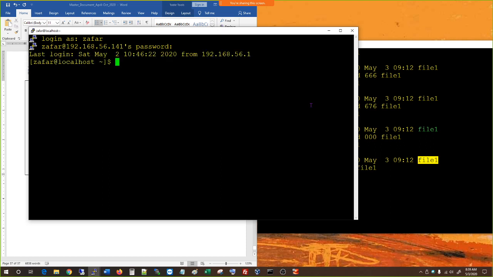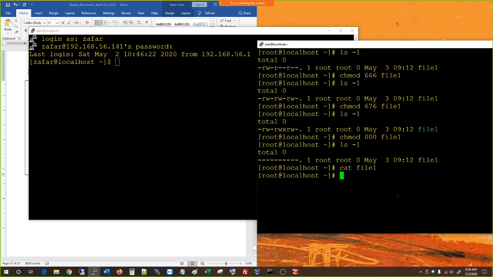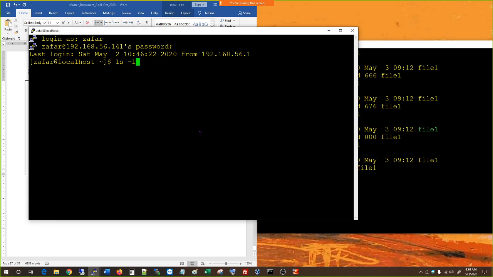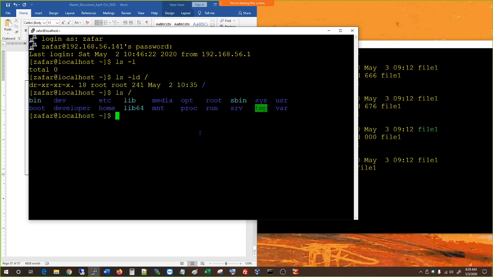Okay, and so we're going to have to go into a different folder because this is a root folder here. So what I'm going to do is let's have an ls -ld root. So we have a developer folder here, right?